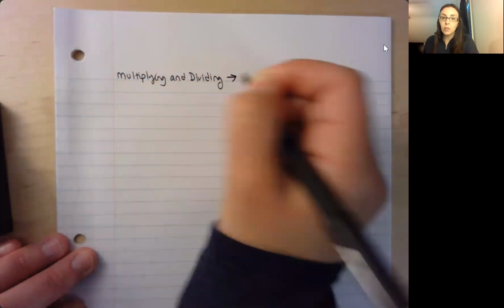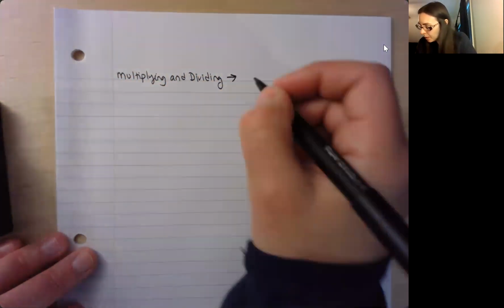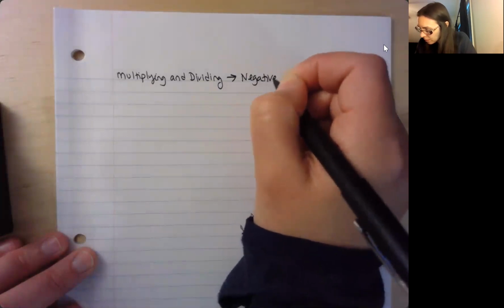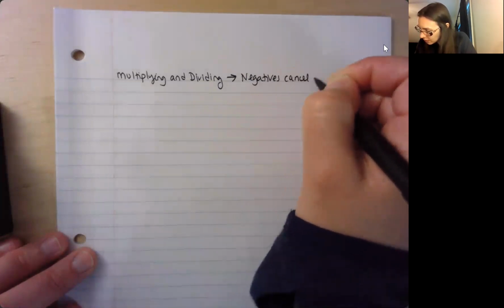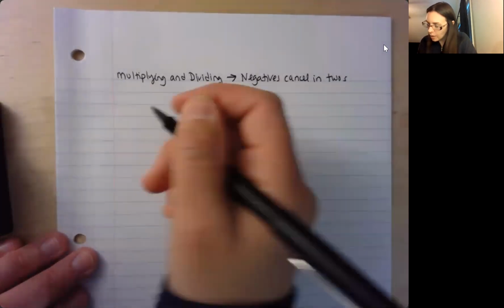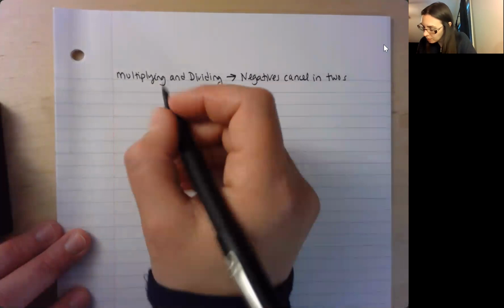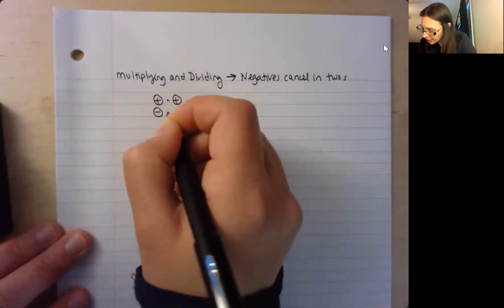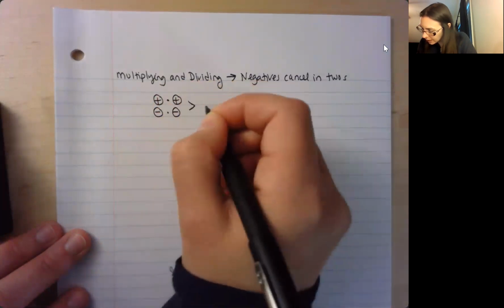So this is your easiest one. With multiplying and dividing, remember that your negatives cancel in twos. Okay. So if you have a positive times a positive or a negative times a negative, you get a positive answer.